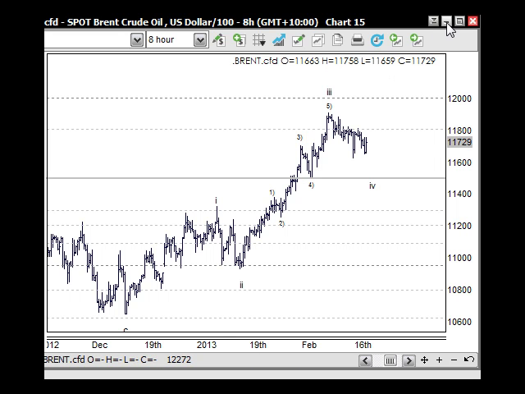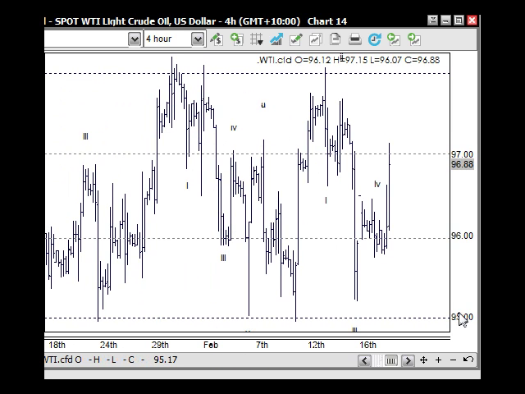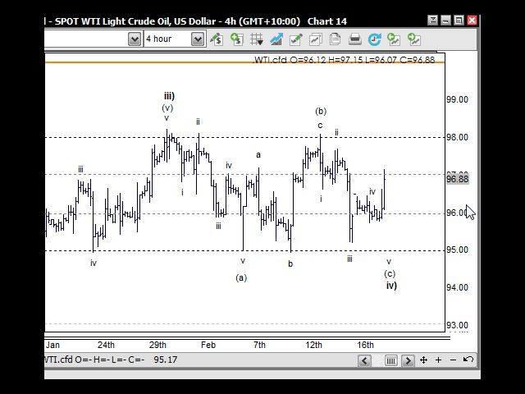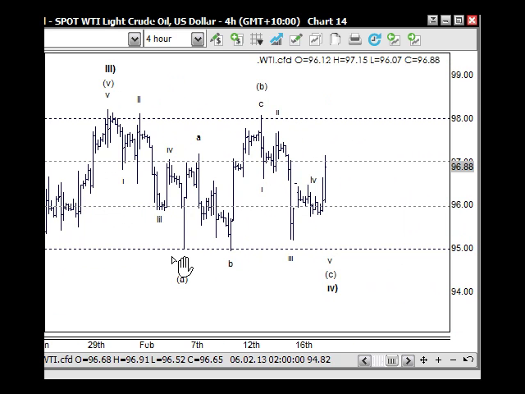So when we're looking at the West Texas here, what we were looking for here is the A wave, the B wave, as you know, and the C wave down here. So obviously there's been some error made in this wave count, with this pushing up through here, because this wave 4 here can't push into the territory of wave 1 here.